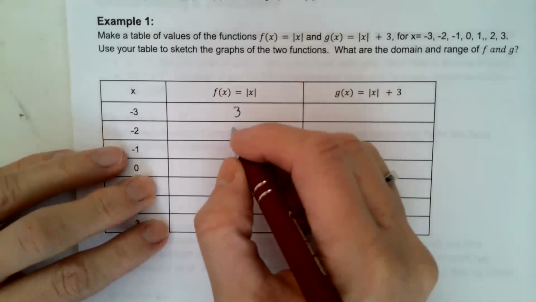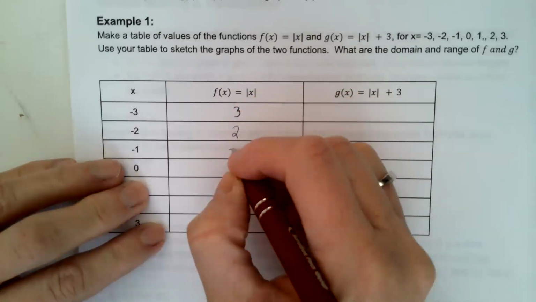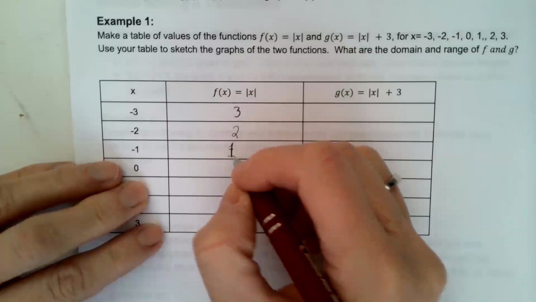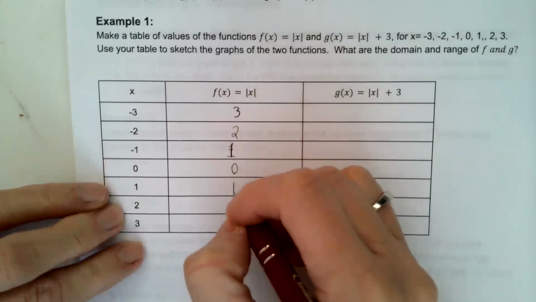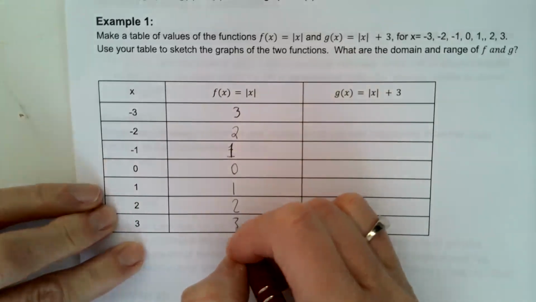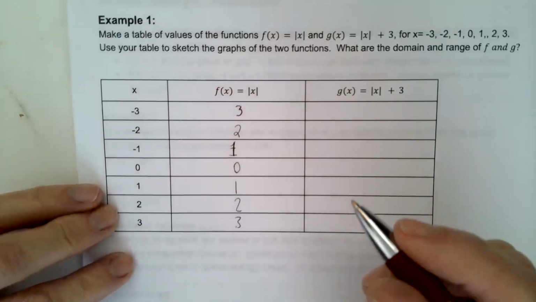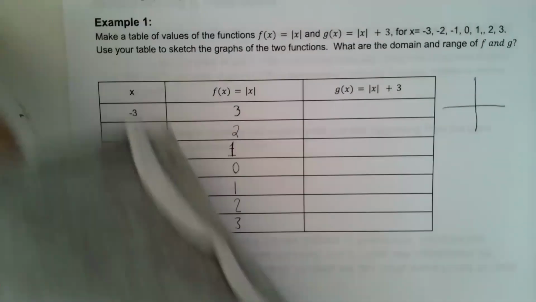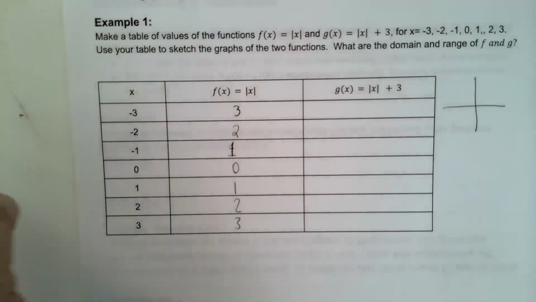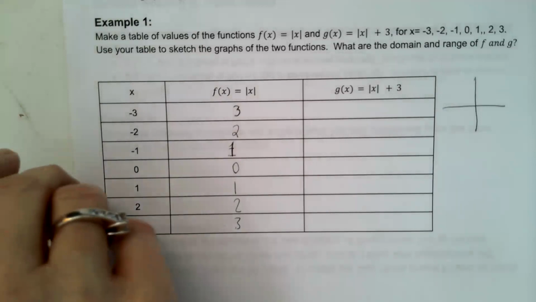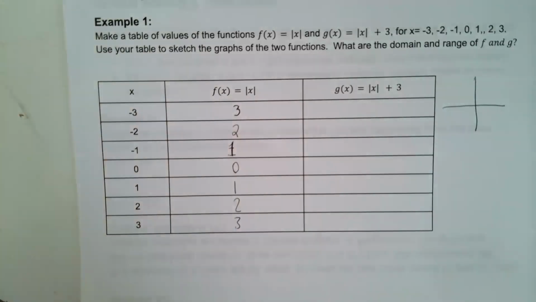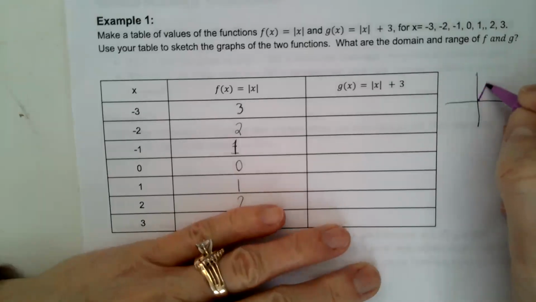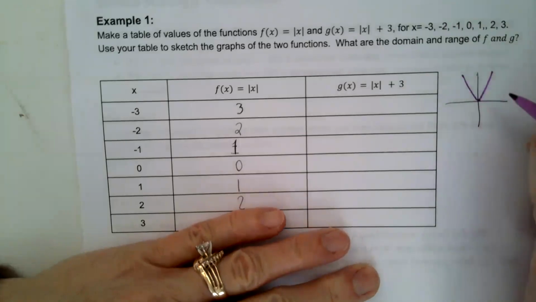If you put in -2, you get 2. -1, you get +1. Then 0, 1, 2, and 3. In general, that graph looks something like this. Right at the origin, it makes a V.